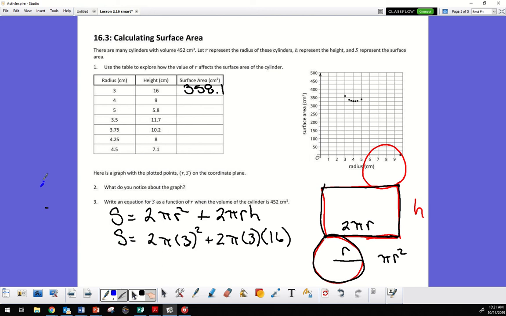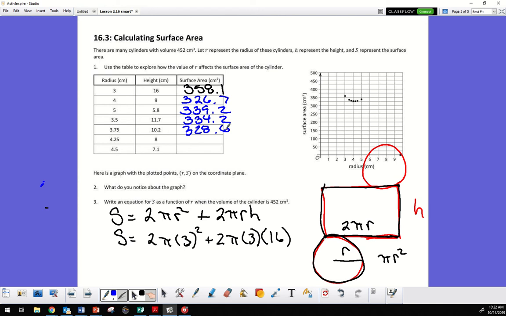All right, so the second one. The 4 and 9 gives me what? 326.7? Okay. 5 and 5.8? 339.2? 3.5? 3.75? 328.6.